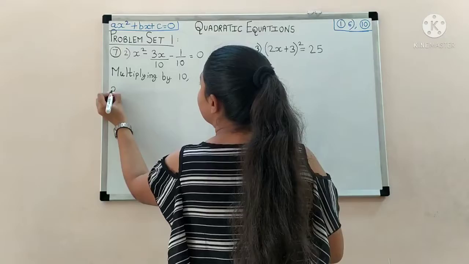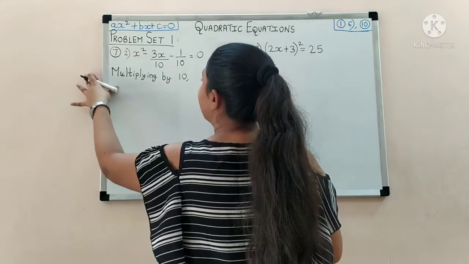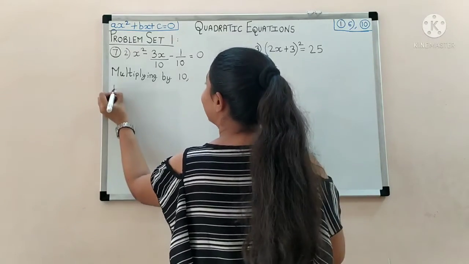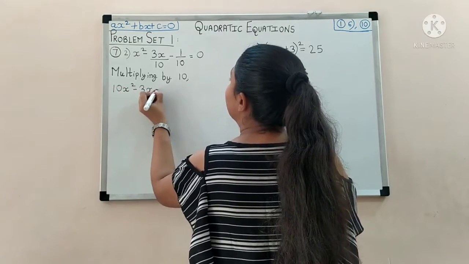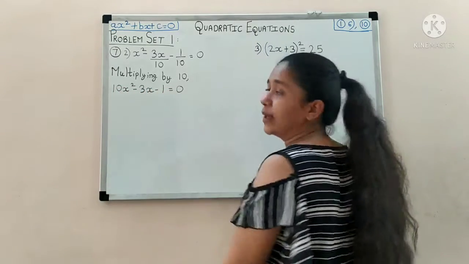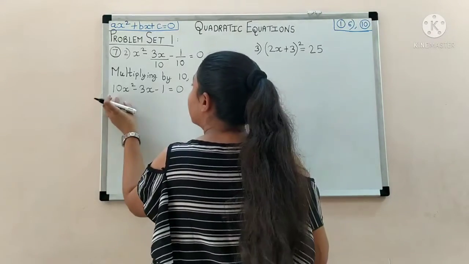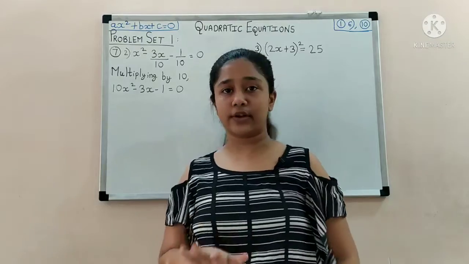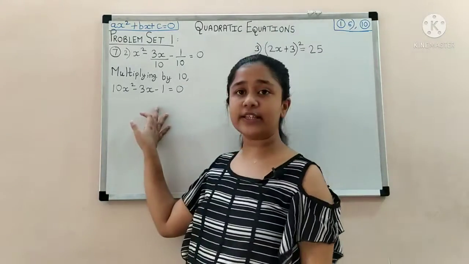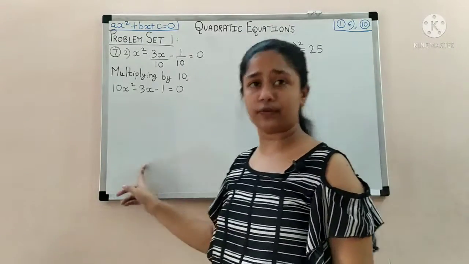So this will be 10x square minus 3x minus 1 is equals to 0. Now you can solve it by factorization and also with the help of the formula method. The equation is now very easy, and I want you all to solve it further.